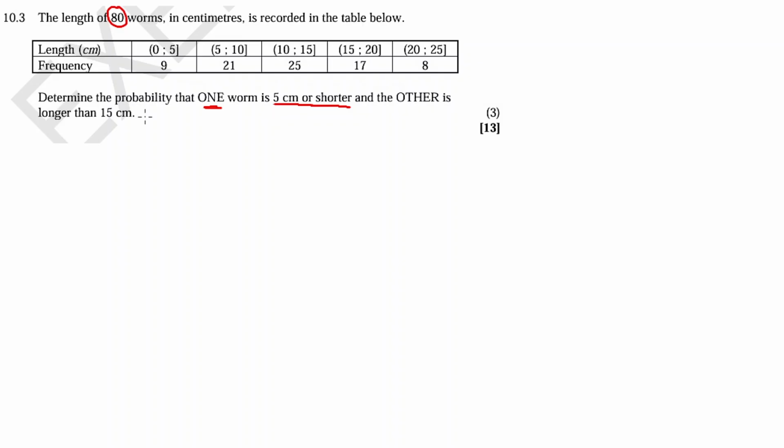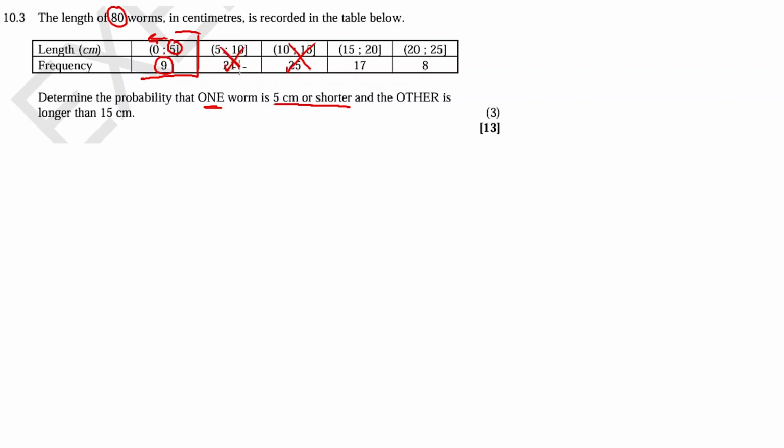Let's look at the table. Which ones are 5 centimeters or shorter? Only this 9. And the other is longer than 15. 10 to 15, longer than. So this one we scratch it out.